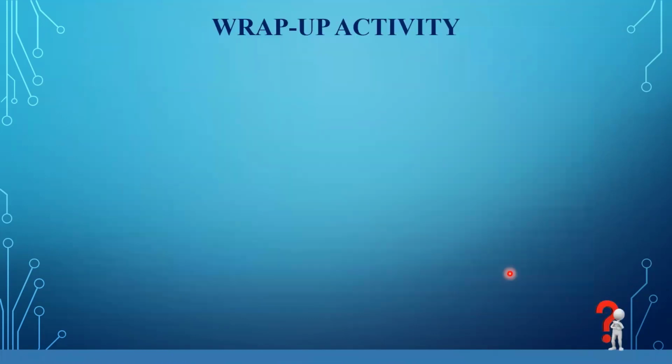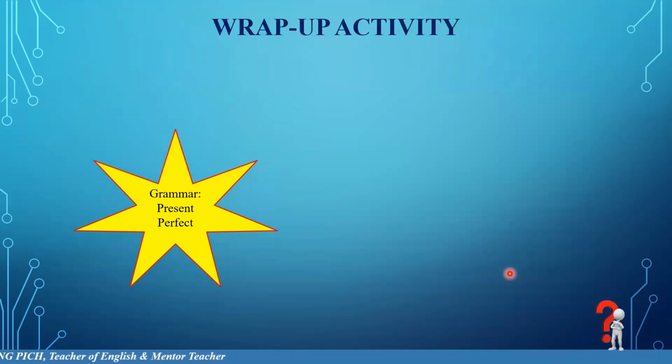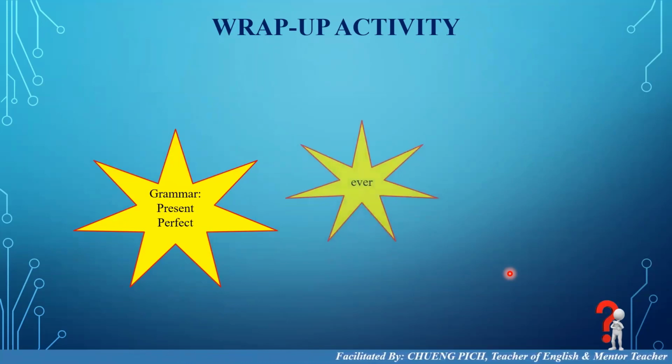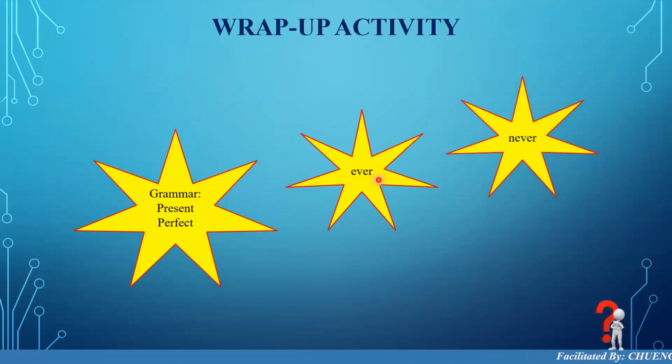Now it's time to wrap up what we have learned. Today we have learned about the grammar point, present perfect. We focus on the use of ever and never. Let's take a look at ever here.